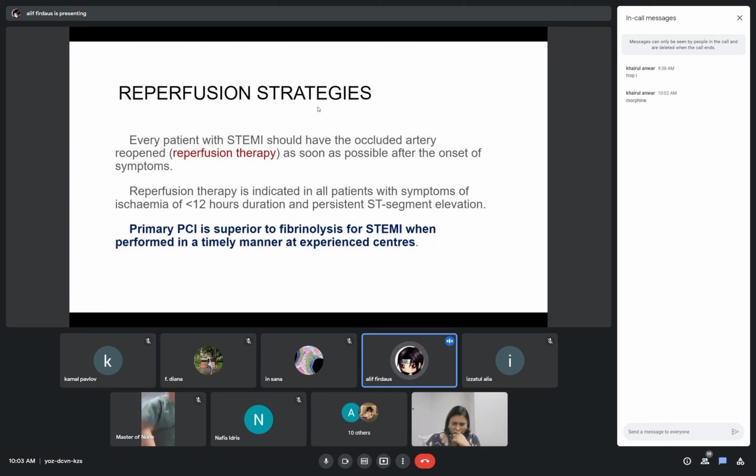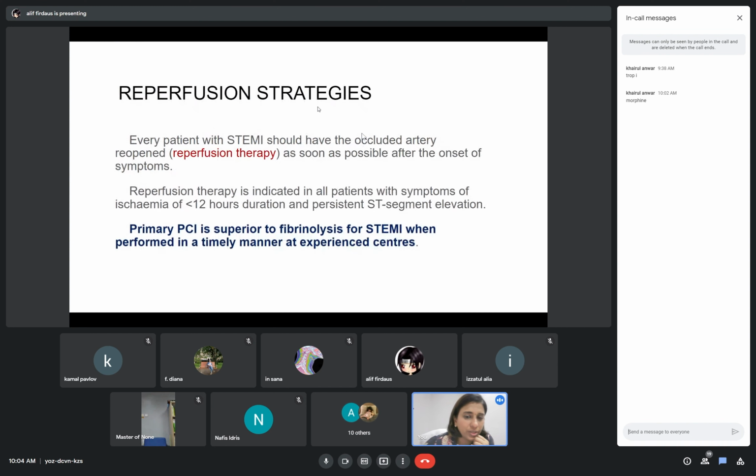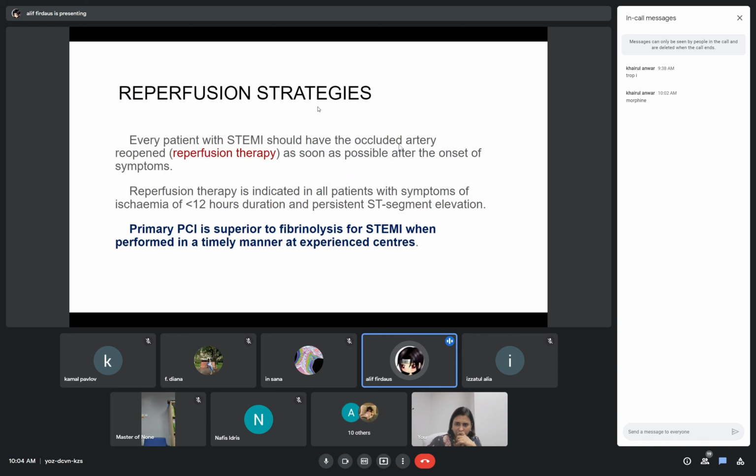Primary PCI is surely more superior to fibrinolysis for STEMI when performed in a timely manner at experienced centers. Yang timely manner tu apa maksudnya sayang? Berapa jam ya? Timely manner, primary PCI usually less than 3 hours after patient tu dapat chest pain. Bukan 120. 120 minutes, 2 hours.